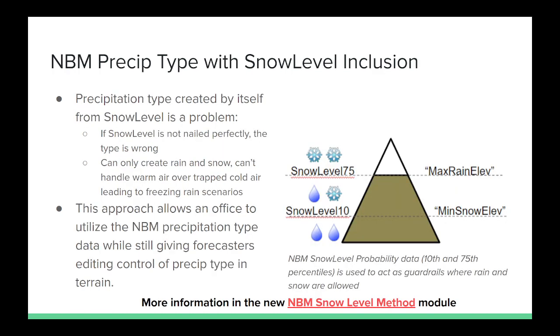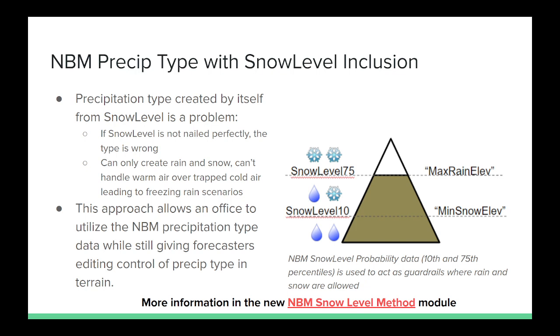So this new MBM precipitation type with snow level inclusion, this is really neat. Kudos to both the Salt Lake and Fort Worth offices working together on this. The problem that we've had in the past with snow level, while it's very easy, you can create a precipitation type based right off of that one single grid, and you'd have 800 feet below that snow level, you would get a rain snow mix and then go to all rain below that.